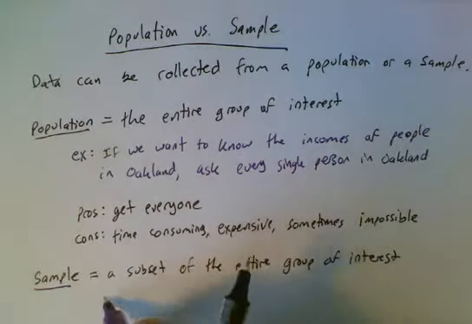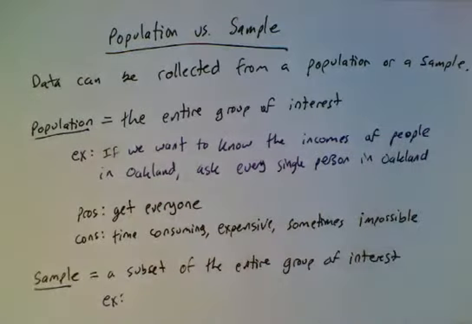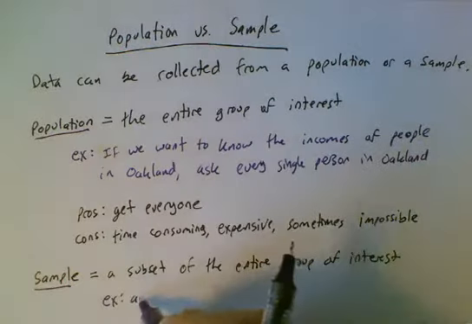And going back to our example up here, if we were going to take a sample, maybe we would just ask 200 out of approximately 400,000 people in Oakland, ask 200 Oakland residents what their income is.